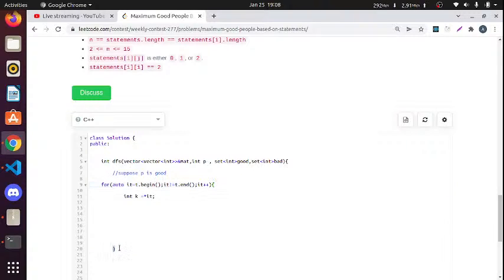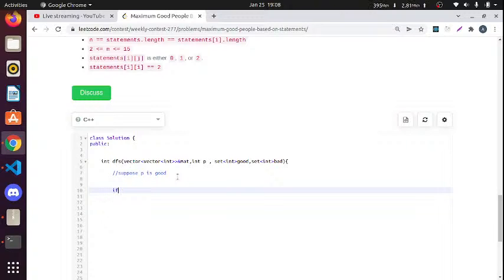Good. So we got that P is good. If P is good, right, then it should not be present in the bad one.